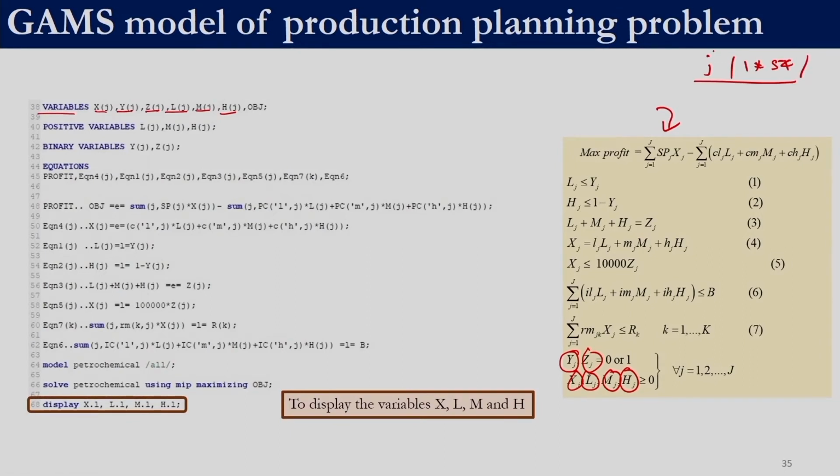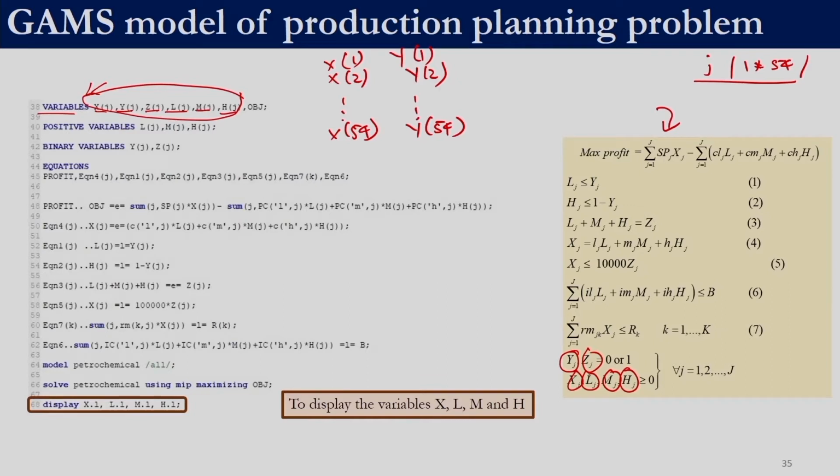Since we have defined the set j to have the values 1 to 54, defining the variables over here means x of 1, x of 2 all the way up to x of 54. Similarly, y of 1, y of 2 all the way up to y of 54. So, this holds true for all these 6 variables, right.